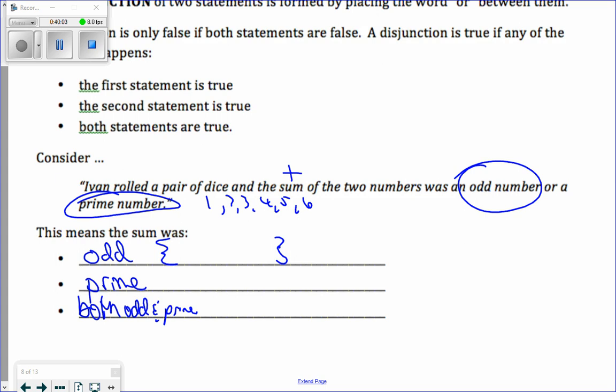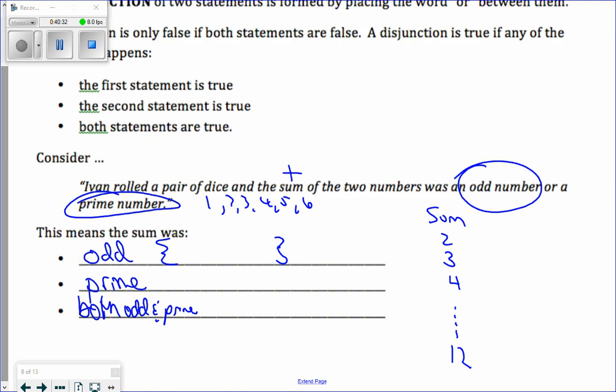What is one of the sums that you could have? If they both land on ones, what would the sum be? 2. If one lands a 1 and one lands a 2, what's the sum? 3. If they both land a 2, what's the biggest sum you could have? So the sums are going to be any number from 2 to 12.